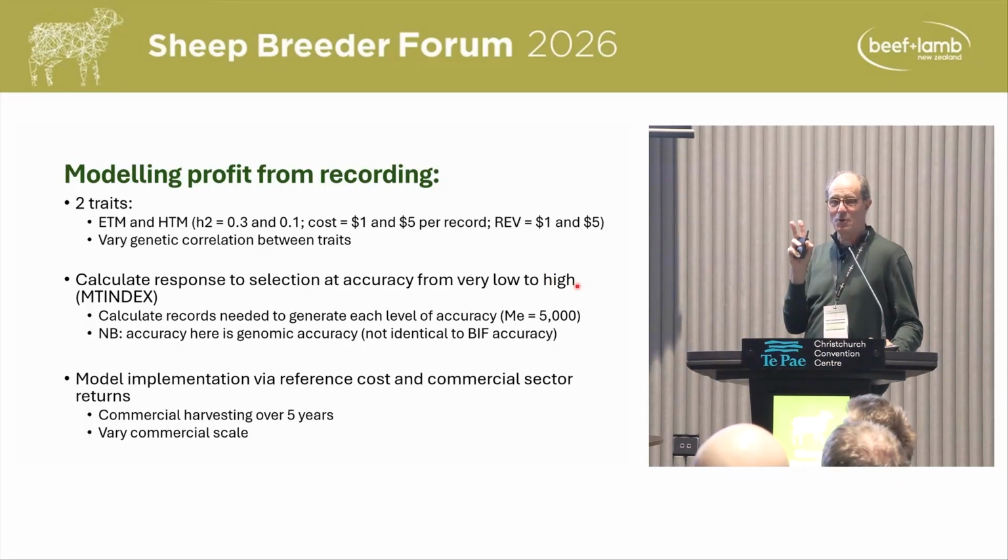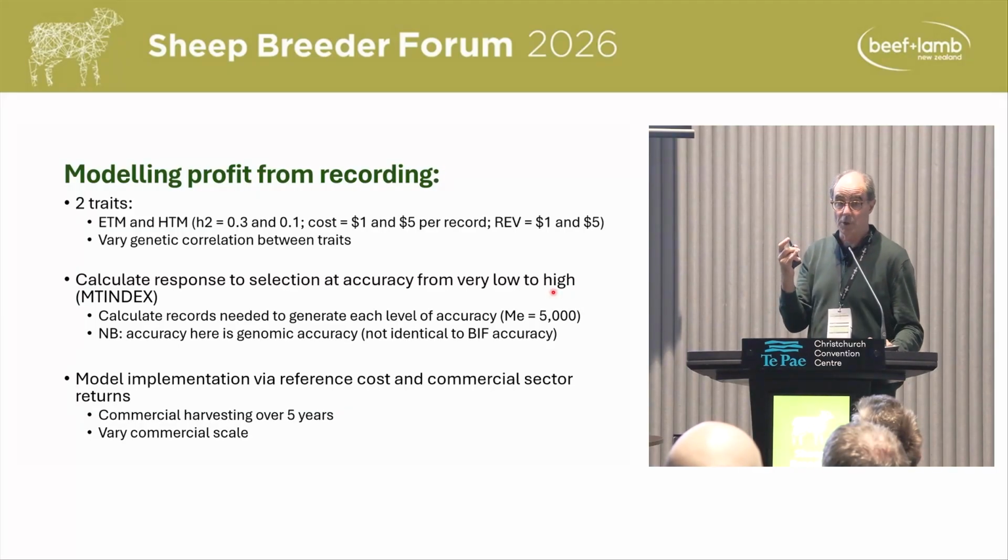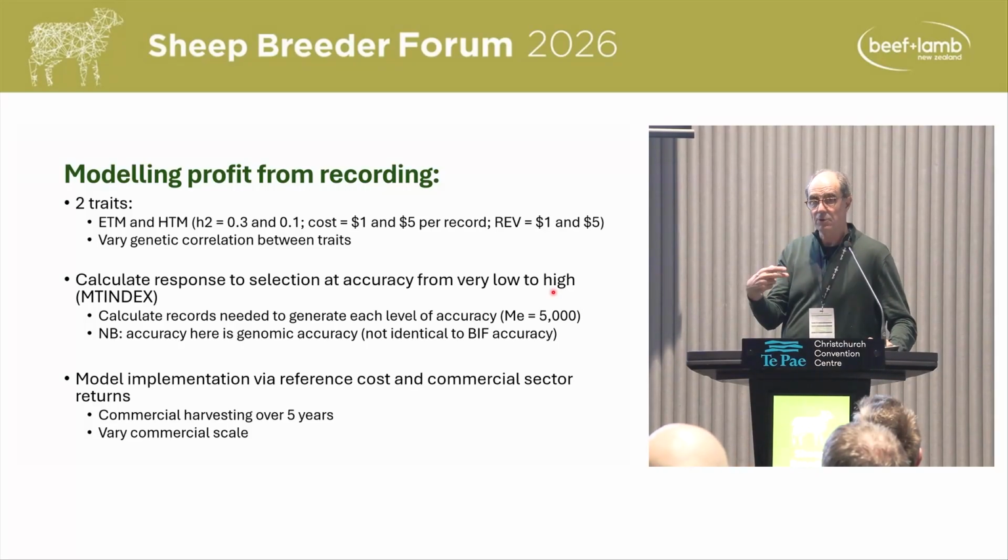But the point is, this is just about modelling two traits, and all I'm doing is varying the accuracy that I've got for each trait in a genomic reference population, working out from that accuracy how much genetic gain I can get depending on the value of the traits, how important they are, and then I can back solve from the accuracy for how many records I needed to get that accuracy.